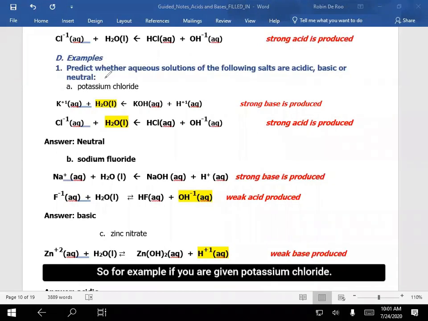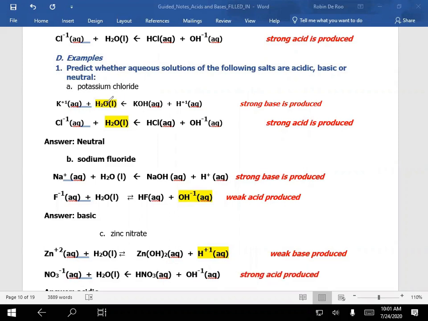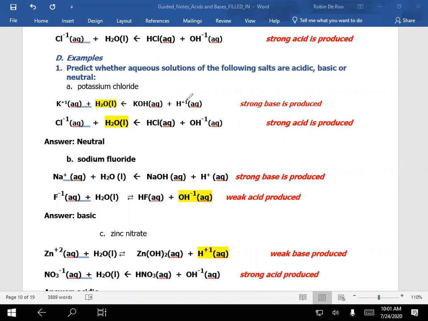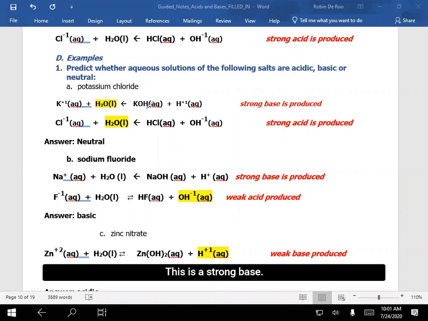So for example, if you were given potassium chloride, you take that potassium ion plus water, you would get potassium hydroxide plus hydrogen ion. This is a strong base. The strong base would react with the hydrogen ion and go backwards, and so you have water. We did this before with the chloride ion.